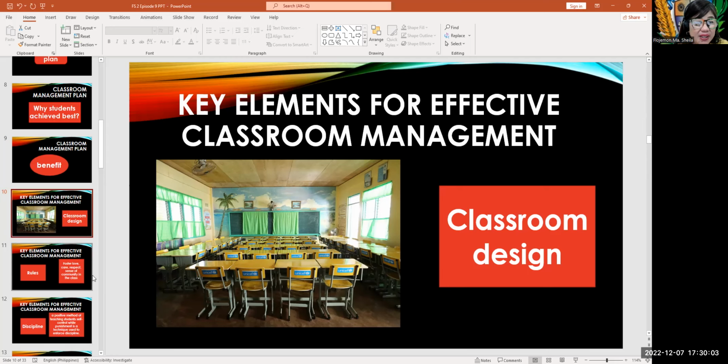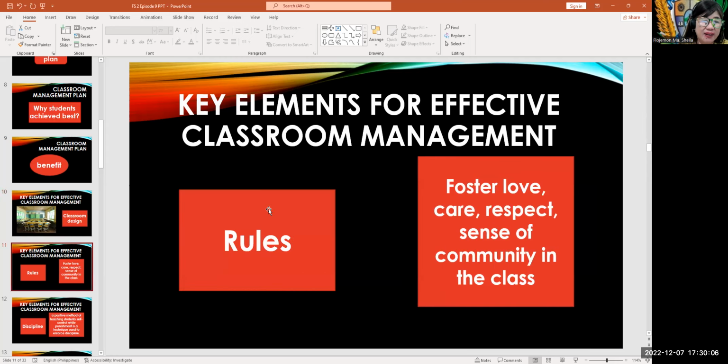Okay. Another key element for effective classroom management is rules. Because rules foster love, care, respect, and a sense of community in the class. So when rules are implemented inside the classroom, there are expectations set at the beginning of the class to foster this love, care, respect, and sense of community inside the class.